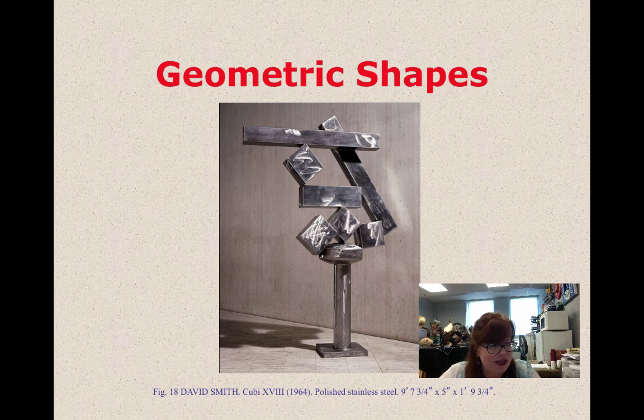So geometric shapes are like this sculpture here by David Smith. This is actually not in your book. It was in an older version of the book, and I like this better than what your book has. This is David Smith's Cubi 18, and it is polished stainless steel squares and rectangles. So there they are.